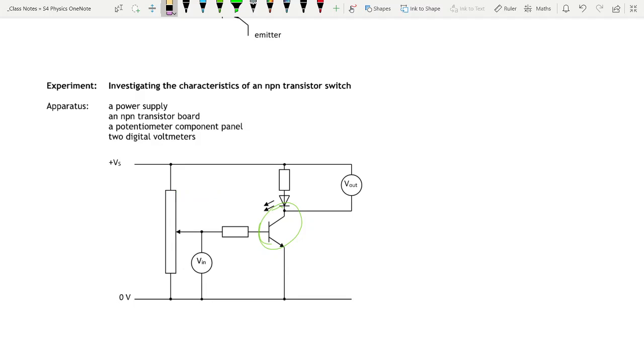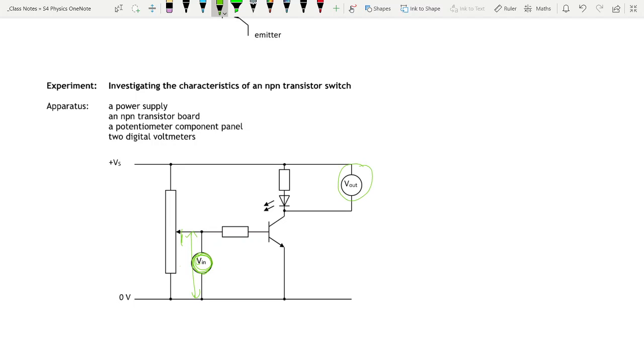And the voltage that goes into the transistor is just this bottom voltage here, so the voltage across that part there. So we're going to be changing this voltage by changing the slider, and then we're just going to keep an eye on what happens with the transistor. So you can see this transistor is then connected to an LED. So when that transistor turns on, the LED will also turn on. Because as soon as that transistor turns on, it can allow electricity to flow through the LED and for the LED to light.